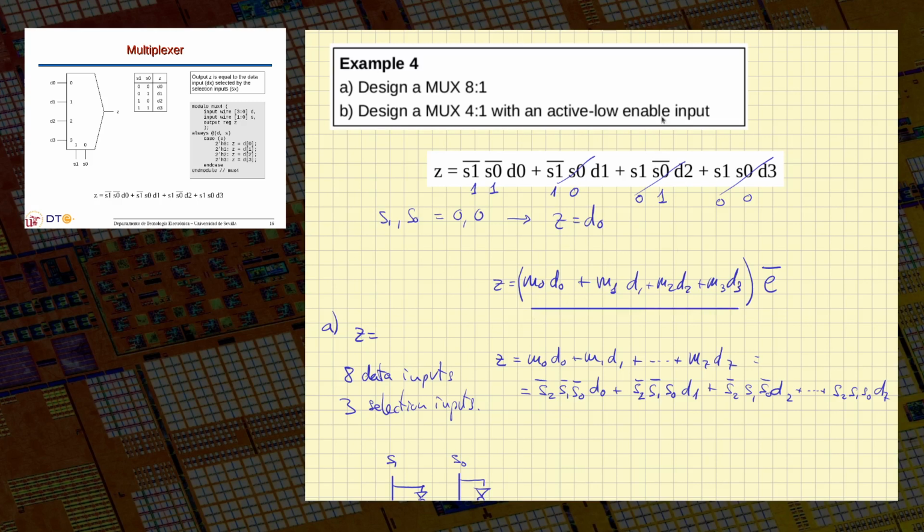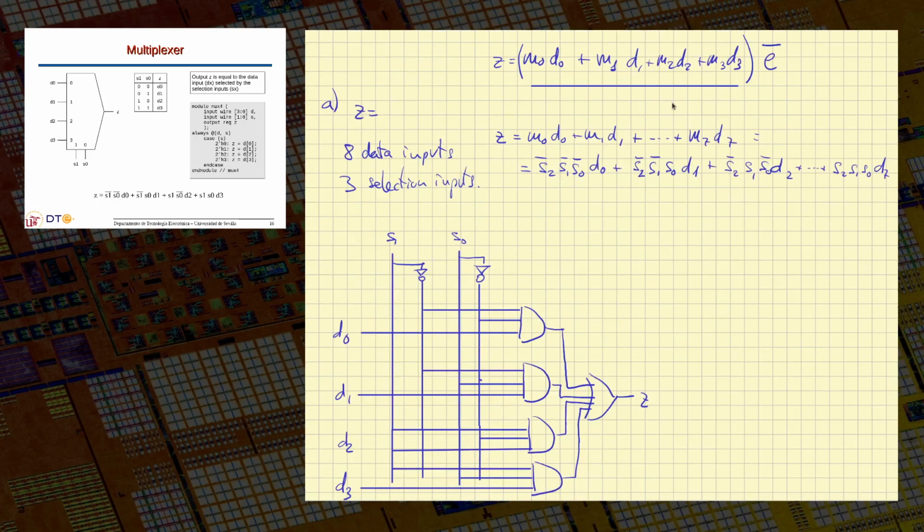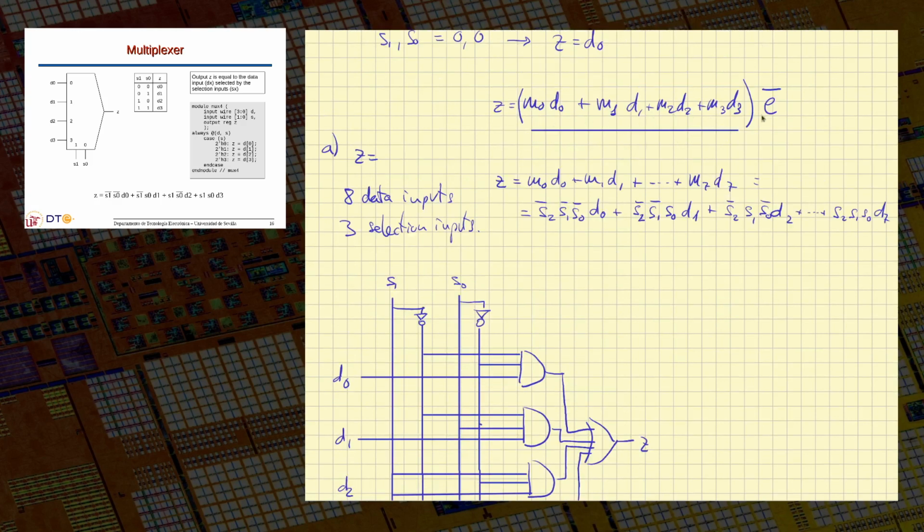Now we need to add the enable, but we can add it in two different ways. In this form here, we have considered the option to generate the regular output of the multiplexer and then enable it or not using this signal here.